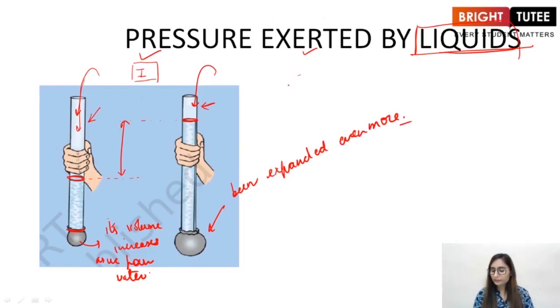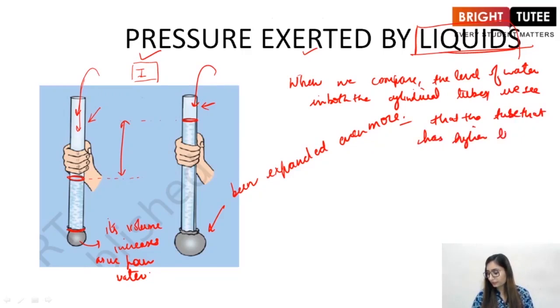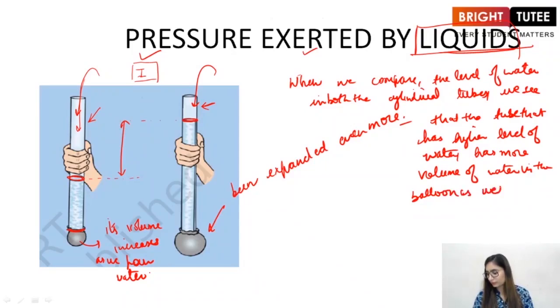That when we compare the level of water in both the cylindrical tubes, we see that the tube that has a higher level of water has more volume of water in the balloon as well, right?